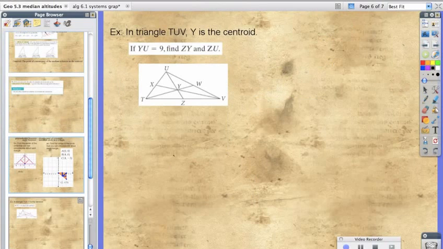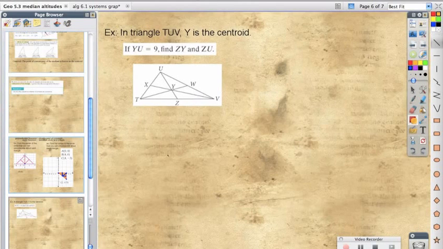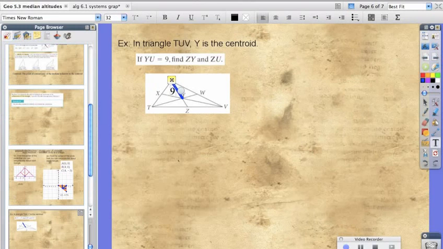Now, we're going to try one more. In this case, we have a set of medians. It says, in triangle TUZ, Y is the centroid. Now remember, Y being the centroid means that this is the intersection of the three medians. And it says YU is 9, and they want ZY and ZU.